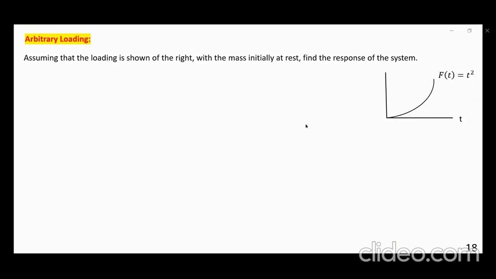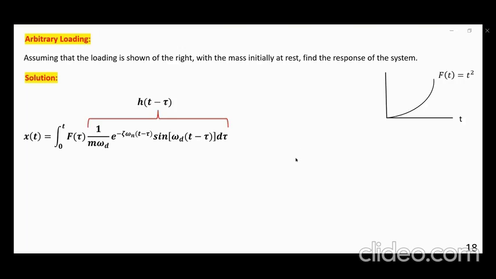Well, the solution comes from the Duhamel integral, so it's going to be f of tau, h of t minus tau, or f of t minus tau, h of tau. We'll give you the same thing. So just literally plugging the f of tau here, it's going to be tau squared. You can see that, tau squared, because f of t is t squared.